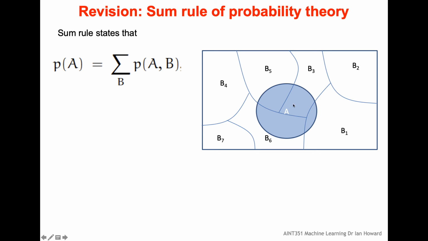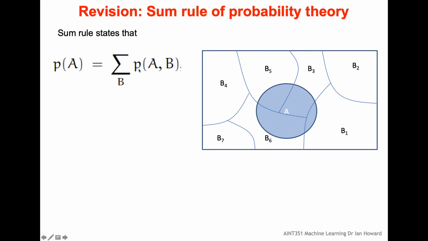So just like we wrote before, we could write down each joint probability: the probability of A and B6, A and B5, A and B3, A and B1. And what we do is just add all of those together. So for all values of B, we add all these joint values together, and that will give us the probability of A. And that's what we've written in this sum for the discrete case.